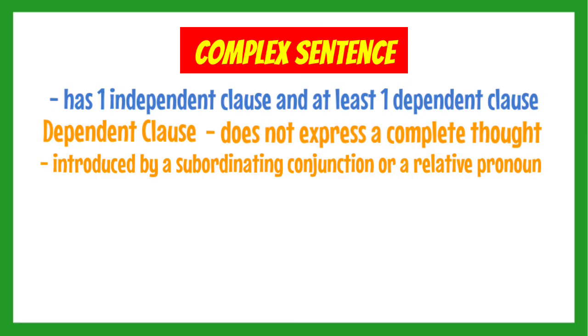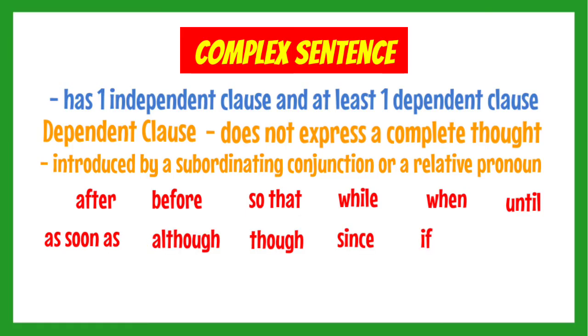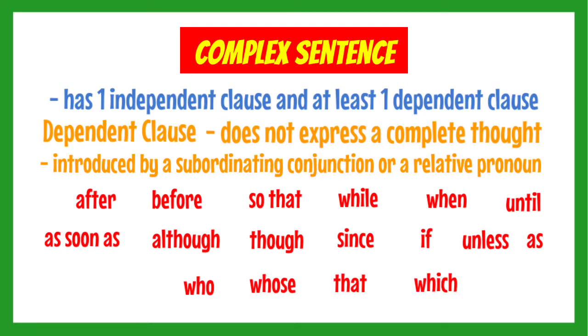These are some examples of subordinating conjunctions: after, before, so that, while, when, until, as soon as, although, though, since, if, unless, as. What about relative pronouns? These are who, whose, that, and which.